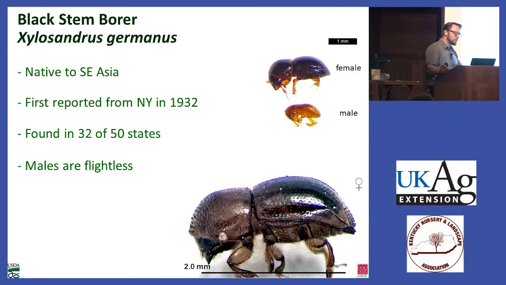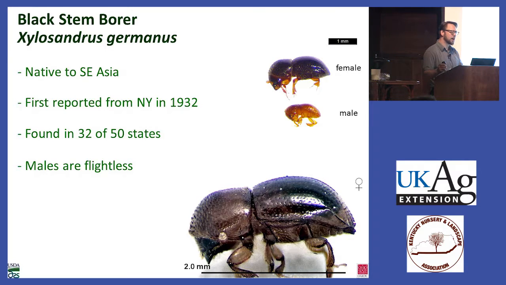So the black stem borer, Xylosandrus germanus, is the most abundant species that we have in Ohio, and it's also one of the most abundant species here in Kentucky. This species is native to Southeast Asia, and it was first reported from grapevines in New York, out on Long Island in 1932.